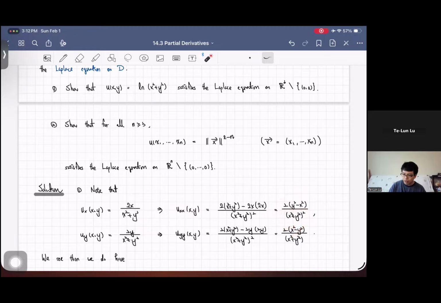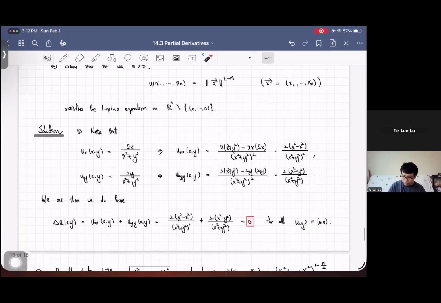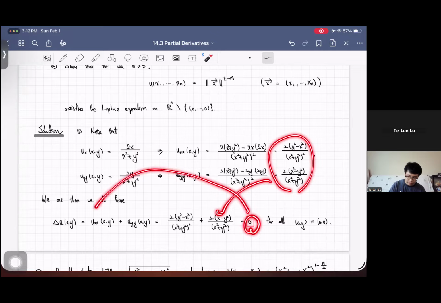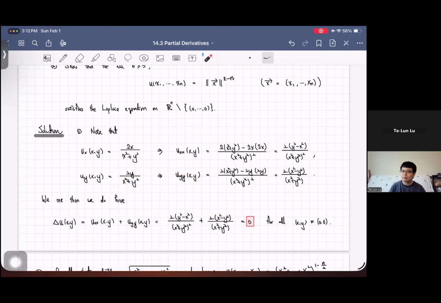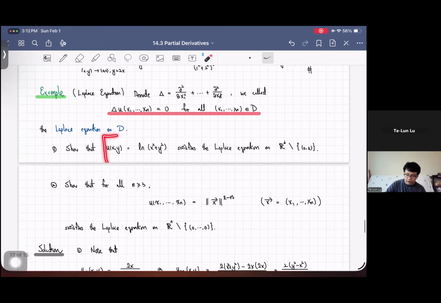The same logic works for y, which gives this. Obviously, when you add those two up, you get 0, meaning that the Laplacian of u is in fact 0. All of those arguments work for every point except the origin. So we verify that this kind of function does satisfy this nice equation.